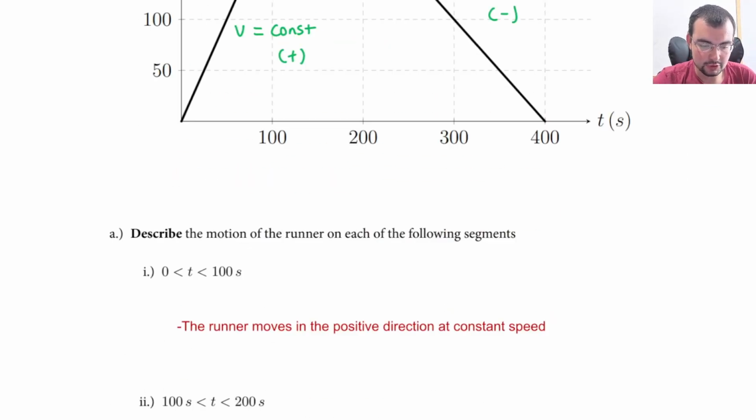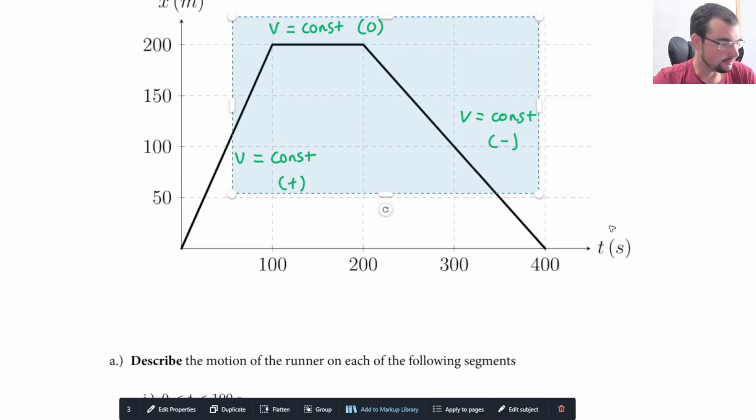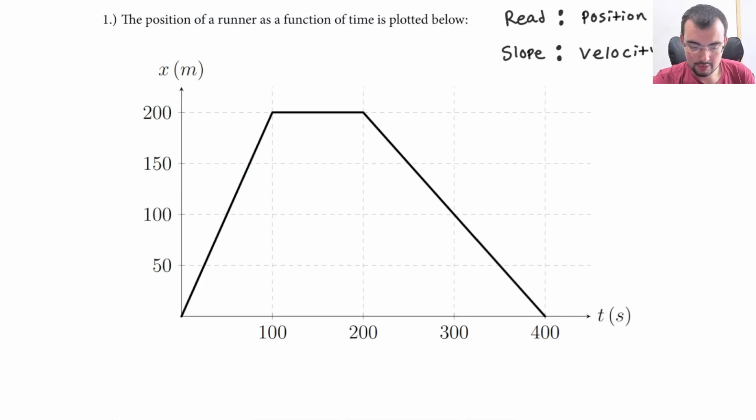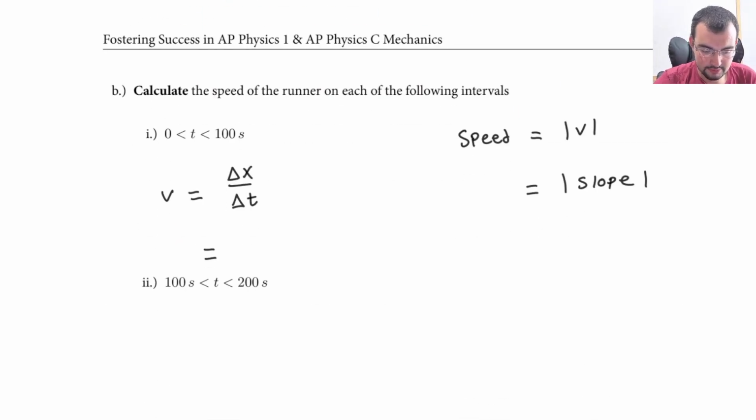So for our first 100 seconds, we can make ourselves a nice little slope triangle where after 100 seconds, they go 200 meters. So they go 200 meters in 100 seconds. So their speed would be 2 meters per second.